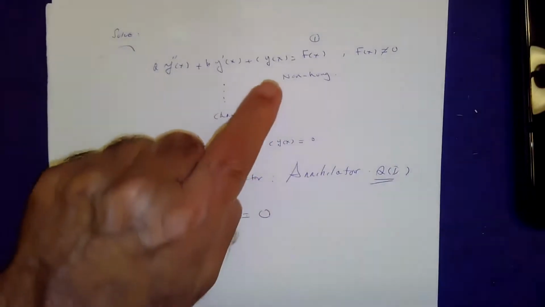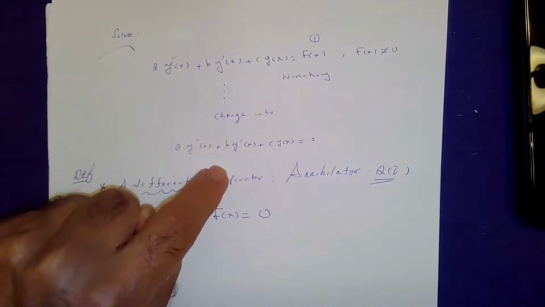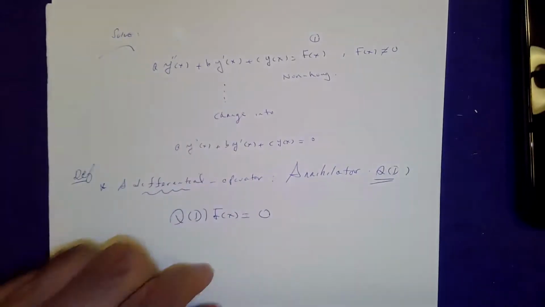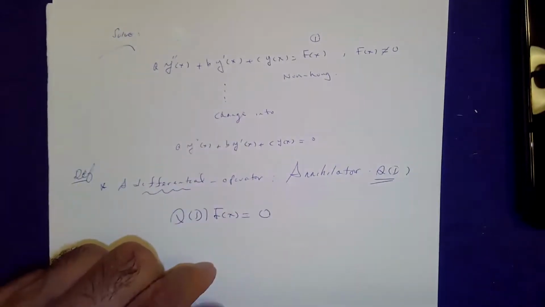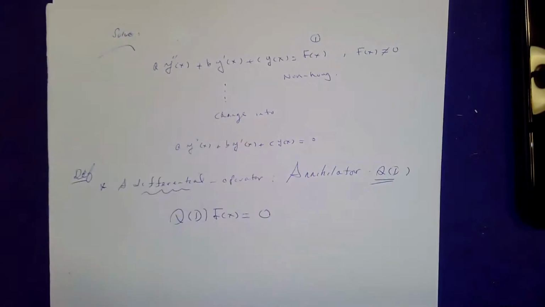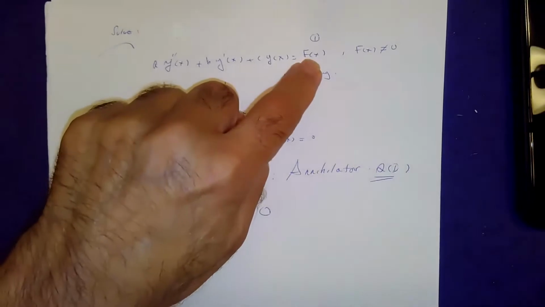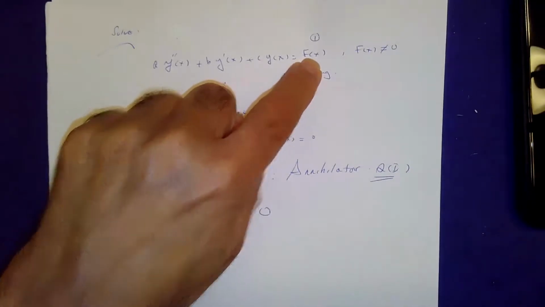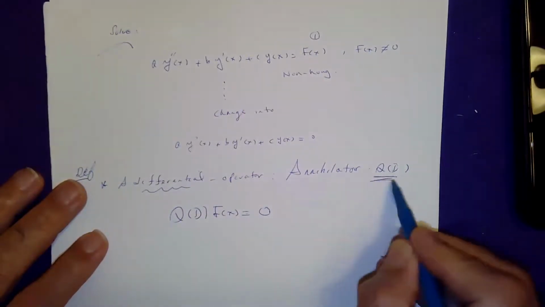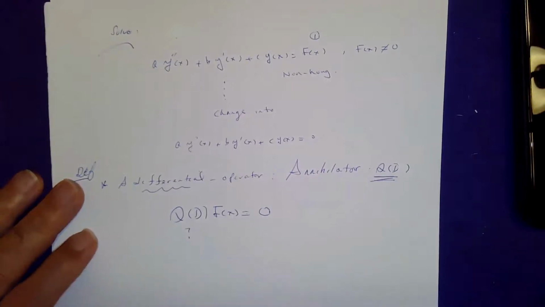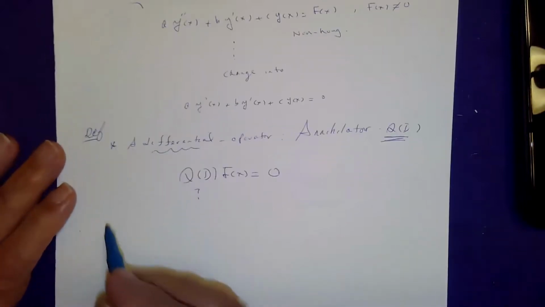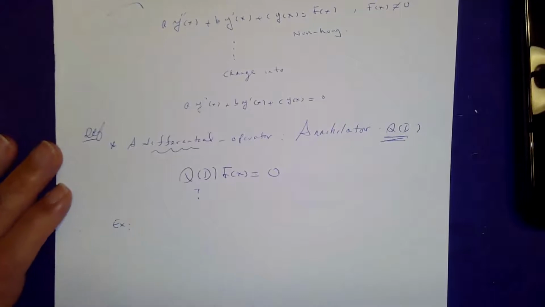So that way I can change my non-homogeneous equation to homogeneous, get part of my solution, then I can find the remaining solution easily. But the first part is, how do I get rid of this guy? So the question is, how do you find this operator? Let's do an example to see how this is done.